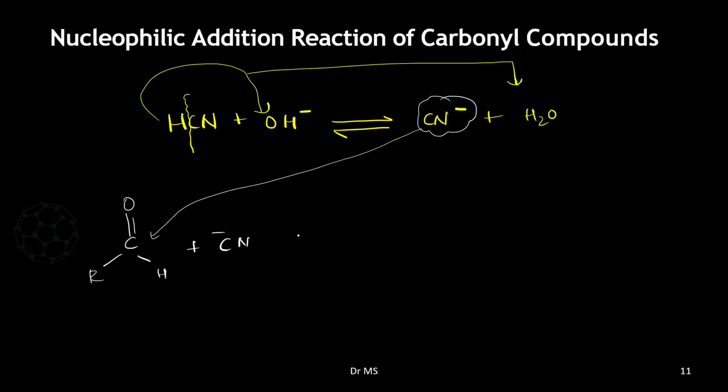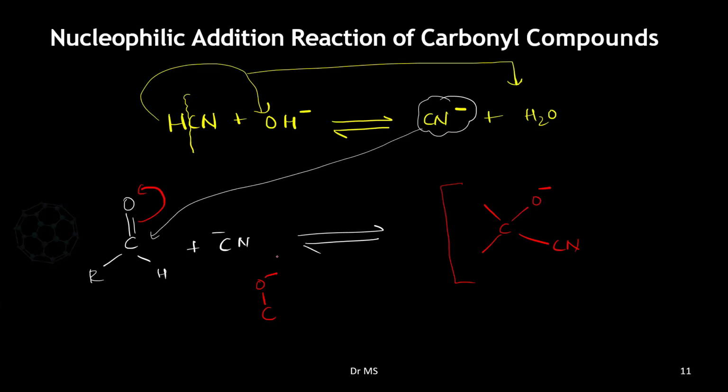This results in formation of a tetrahedral intermediate: carbon, O minus, and CN. Understood? So this cyanide is attached. For that, the O will take the electrons, so it becomes O minus.